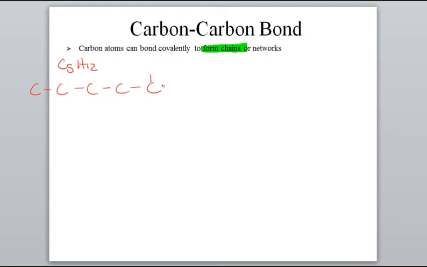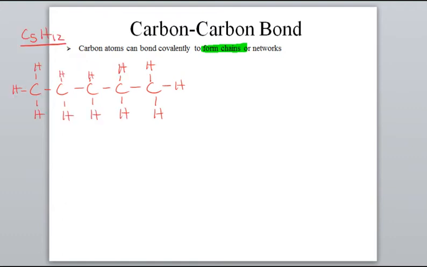So these end carbons need 3 more lines, and each bond is going to be a hydrogen atom. The interior ones, each one has 2 bonds, so 2 more lines, and this end one over here, 3 more lines. And then we'll put hydrogens all the way around, and if you count it up, there's 12 hydrogens. And again, this is called pentane.